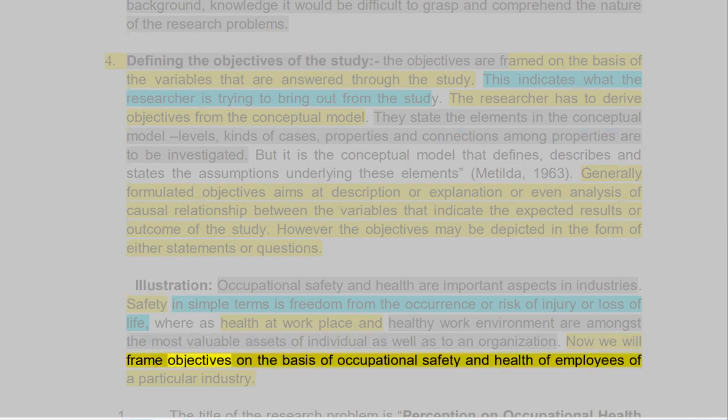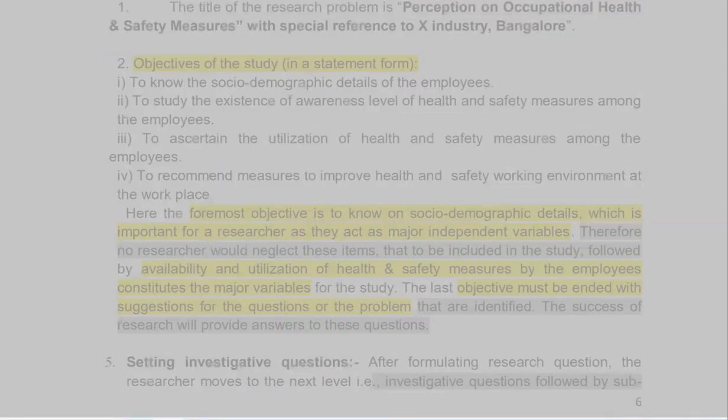Now we will frame objectives on the basis of occupational safety and health of employees of a particular industry. 1. The title of the research problem is "Perception on Occupational Health and Safety Measures with special reference to X industry, Bangalore."